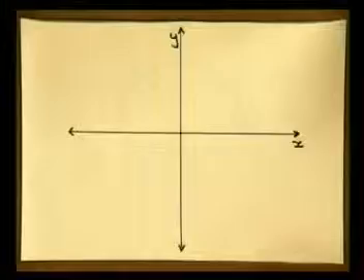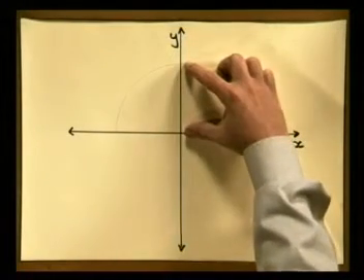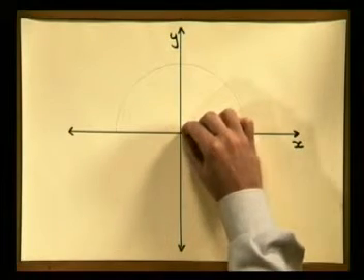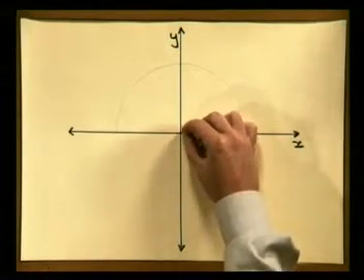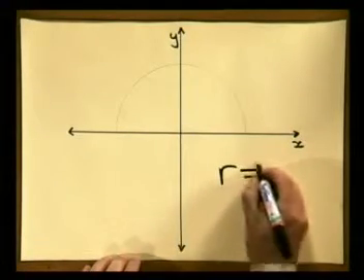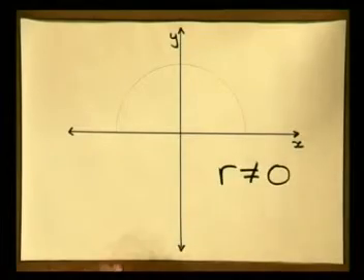Now, can you think of any restrictions that would apply in this context? Well, if I were to let the radius of my semicircle be 0, can you see that the semicircle would simply not exist? So whenever we are working with a semicircle, we always add a restriction on the radius. We write it like this. We say that the radius may not be equal to 0.